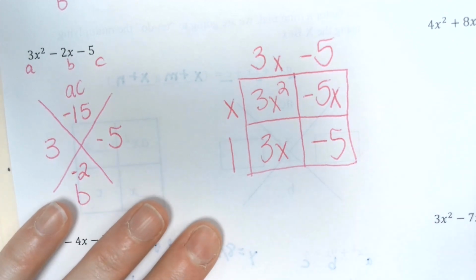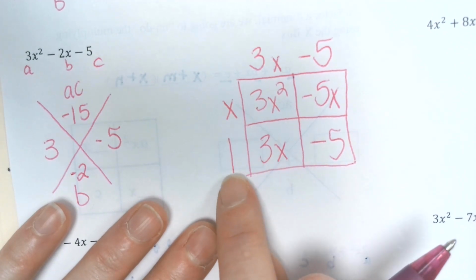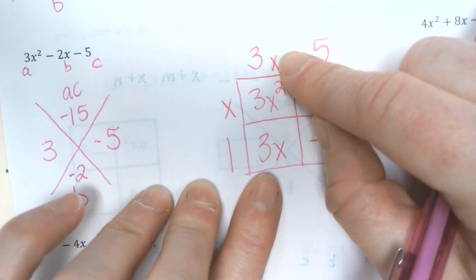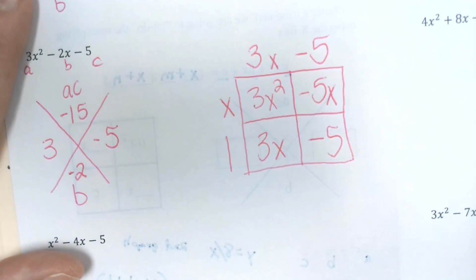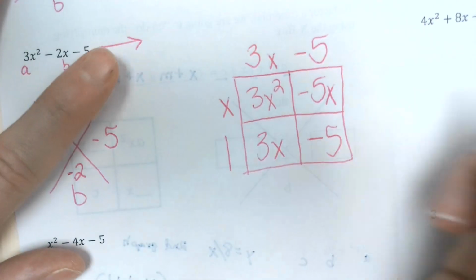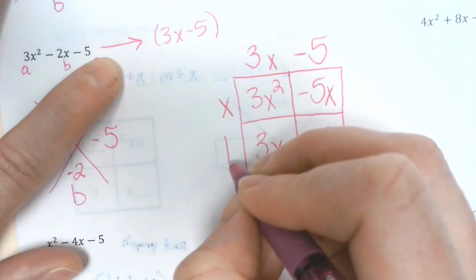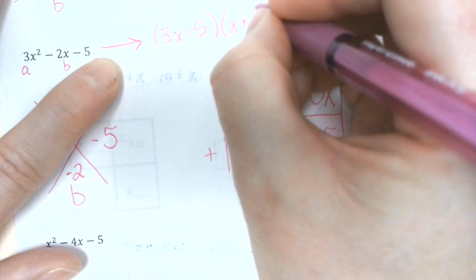They have nothing in common except for 1. So that makes it prime, so we just pull out a 1. You can also look at 3x times what is going to give me 3x, and it's 1. Okay, so our answer is 3x minus 5 times x plus 1.